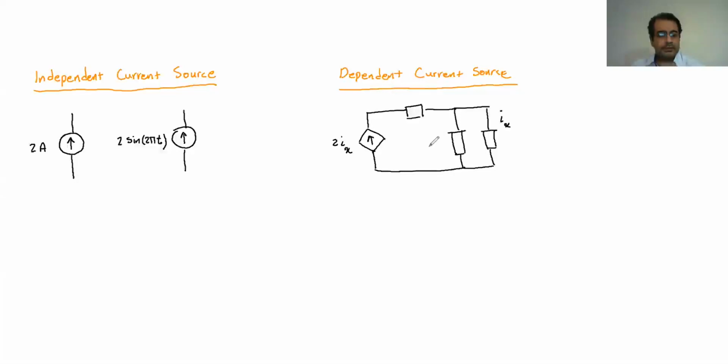Well, one other thing is that for the dependent sources, it's not only the current depending on the current. It might depend on the voltage. Let me draw. For example, it can be like that. So for current, it's going to be something like that.